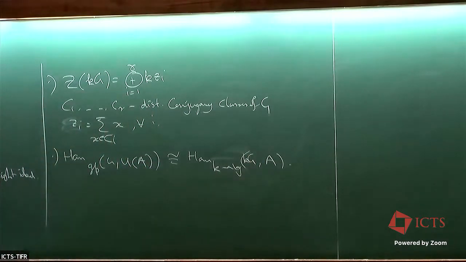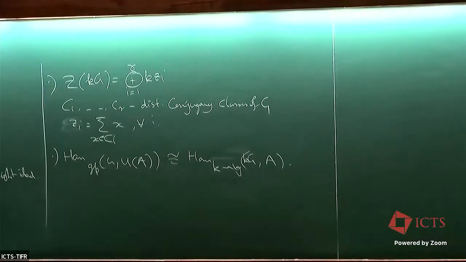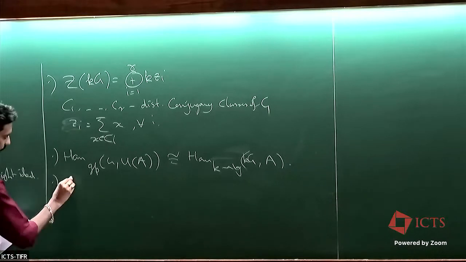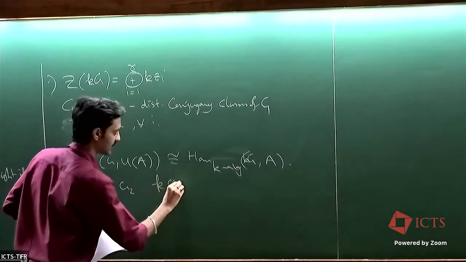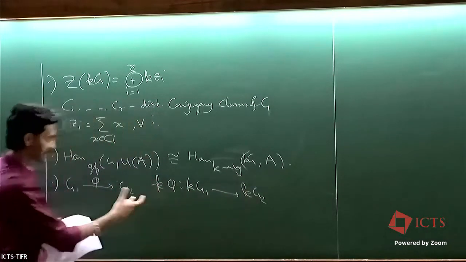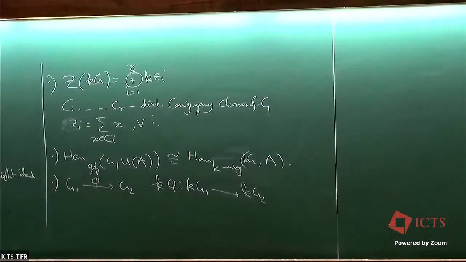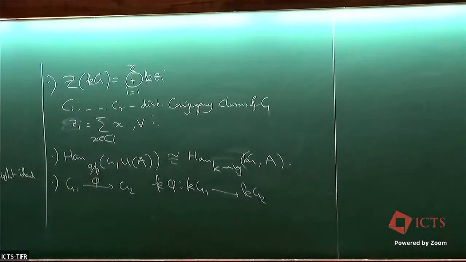Moreover, this construction of KG is functorial in the sense that you send G to KG, and for any map phi from G1 to G2, you can define a map K phi from KG1 to KG2. That is just extending the map from G1 to G2 via the basis linearly. And one can check that this construction gives a covariant functor.